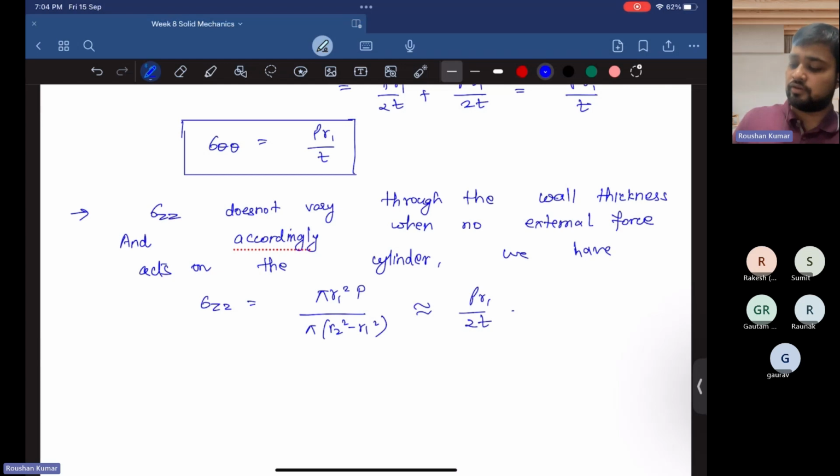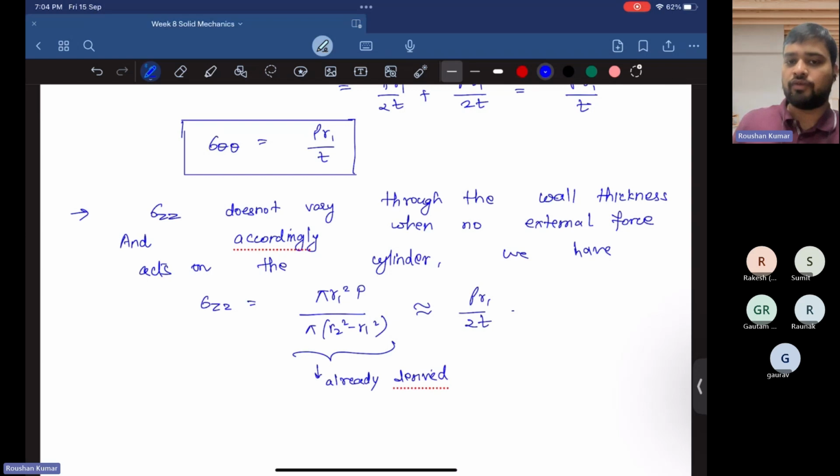This is how we obtain the value of sigma ZZ. This expression is already written in the lecture, you can go through and see the exact derivation of how it comes.